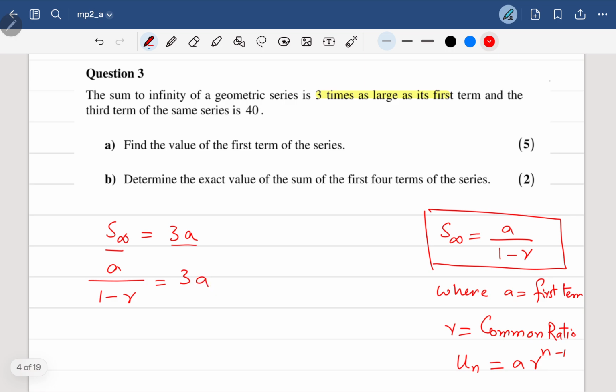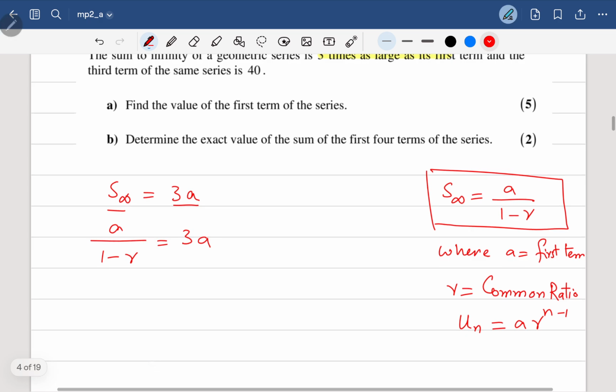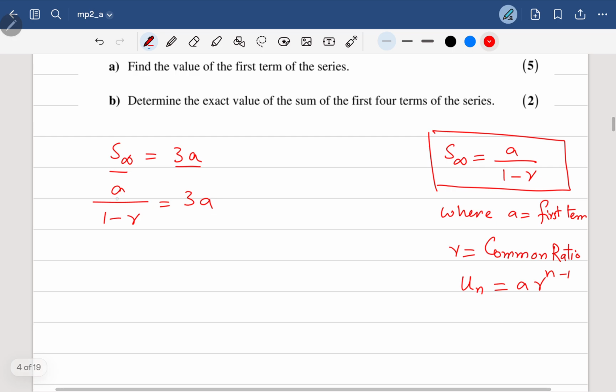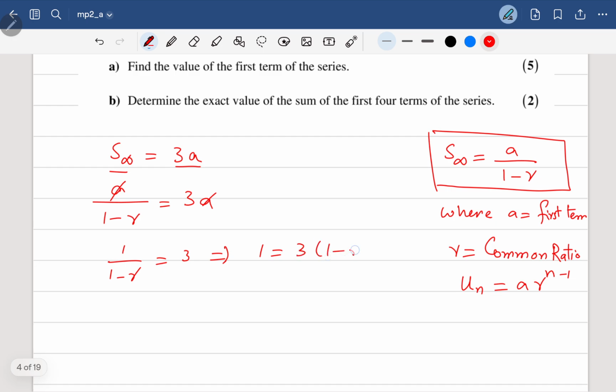So this equation we can solve for r, because you have a on both sides, so you can divide by a on both sides, and then a will be eliminated. We're left with 1 over 1 minus r equals 3. If you take 1 minus r to the other side, you're left with 1 equals 3 times 1 minus r.